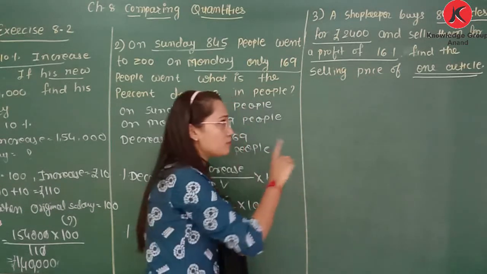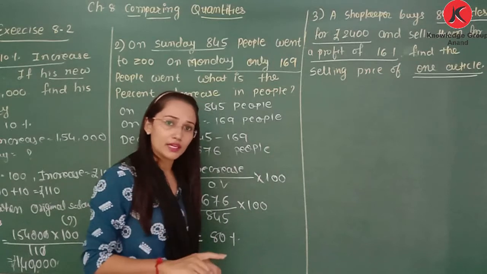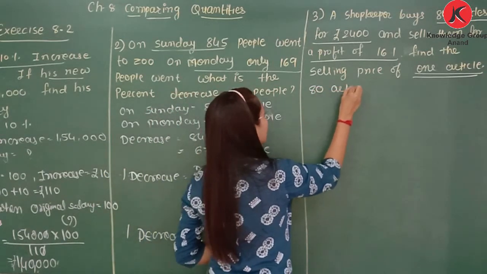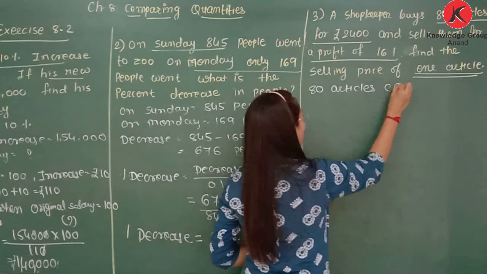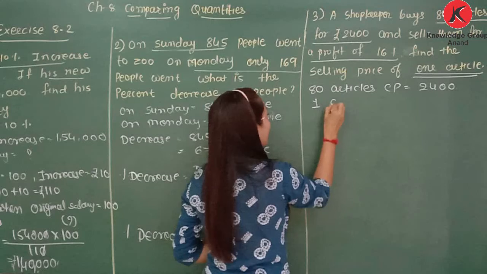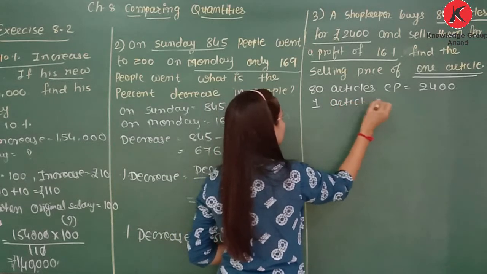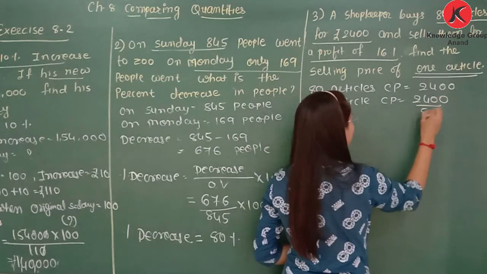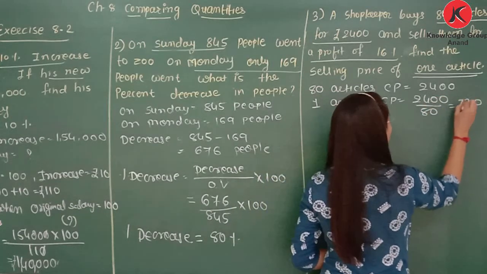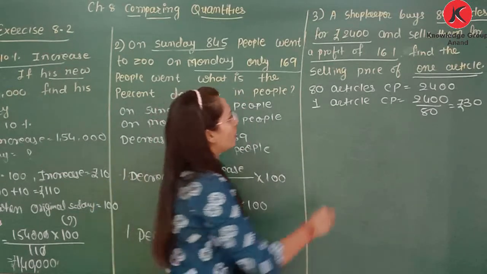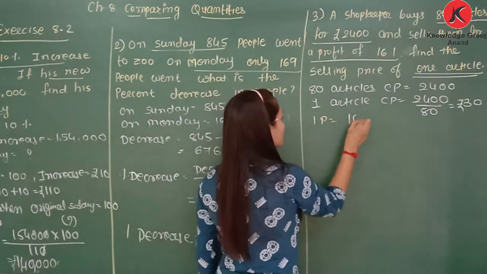So here first we find the cost price of one article. So for 80 articles, CP is 2400. So for one article, CP is 2400 divided by 80, that is 30 rupees. So cost price is what? 30 rupees. Percentage profit is given, 16%.